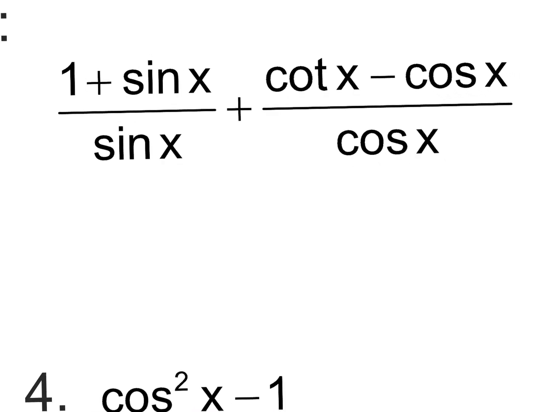I want to simplify this as much as I can, starting off with 1 plus sine of x divided by sine of x. And I'm going to add to that cotan x minus cosine x divided by cosine x. Looks like a lot, but it is perfectly manageable.